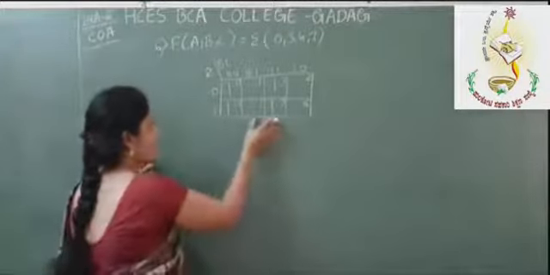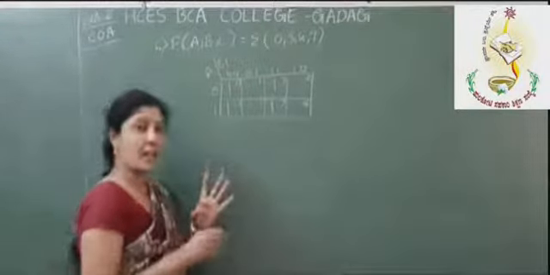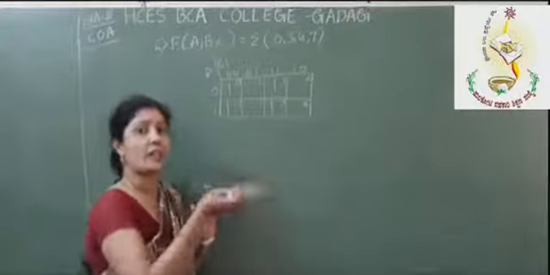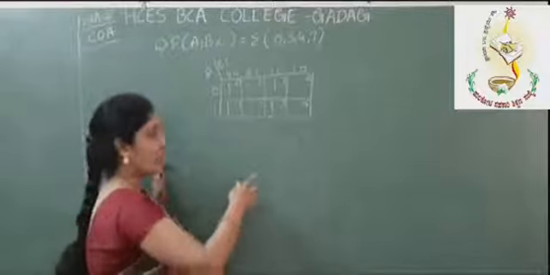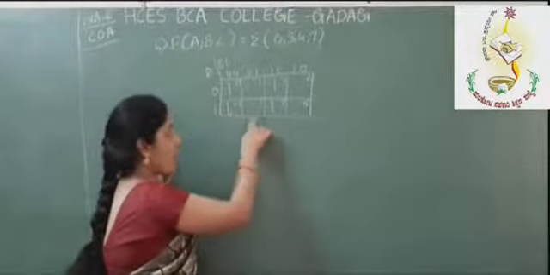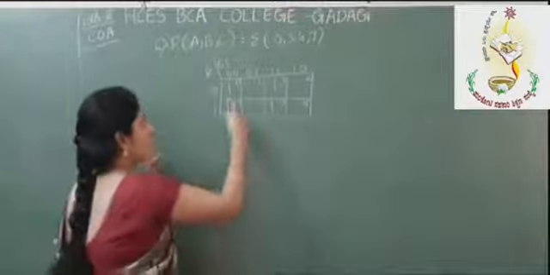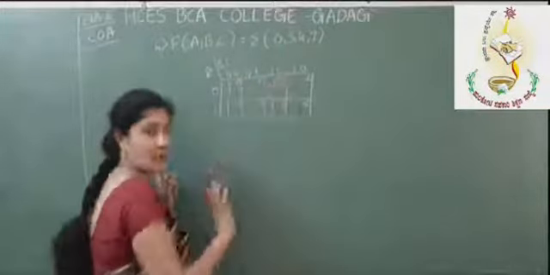See, these 2 and these 2 cannot be a quad because they are neither adjacent to each other nor at the terminal of the K-map. This one is exactly in the middle. If you make a quad, now look at this, horizontally nothing is common and vertically 0, 0, 1, 1 nothing is common.